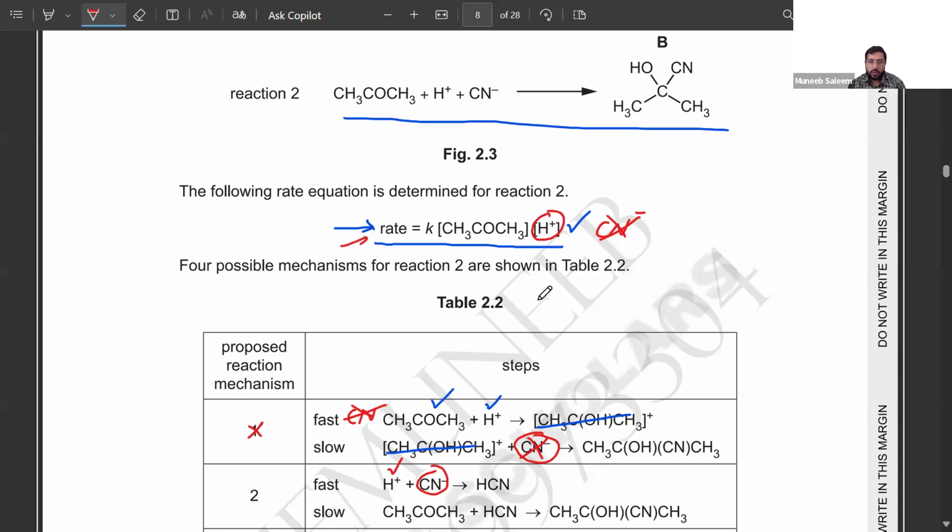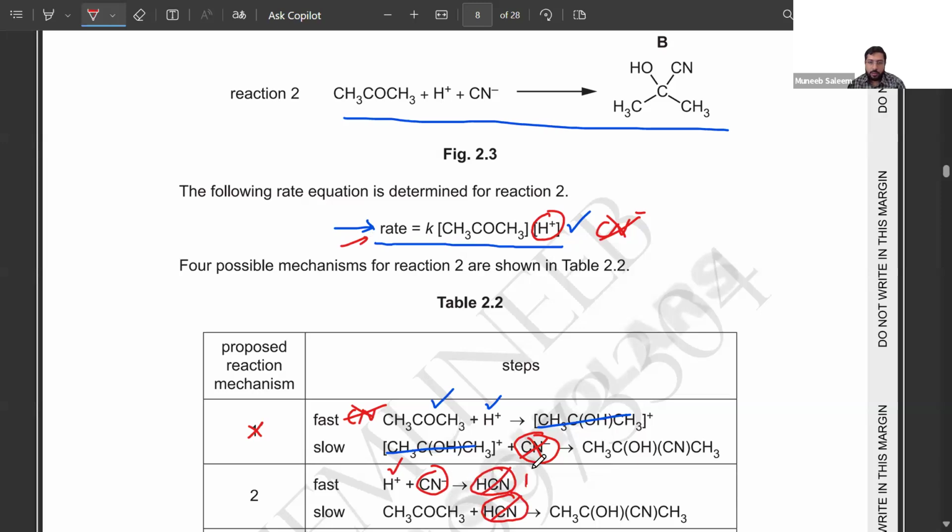So the rate equation does not show the cyanide ion, which means it must have been cancelled out with the cyanide in the slow step. Also, you can see here that the HCN is mentioned in the slow step that can cancel with the HCN present in the previous step.